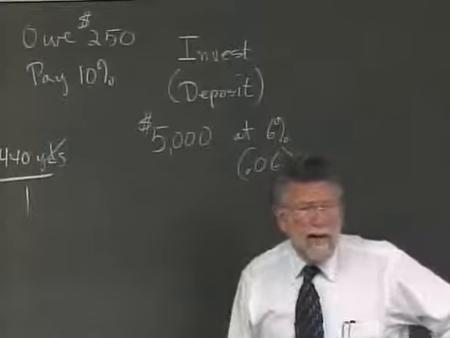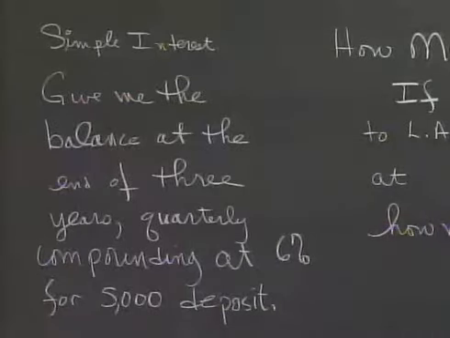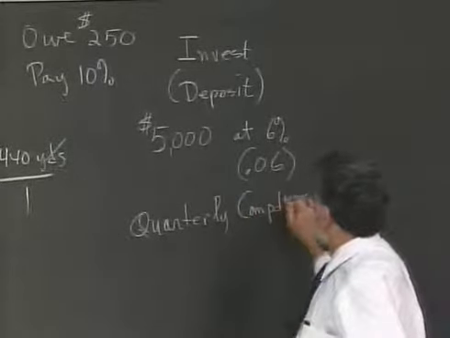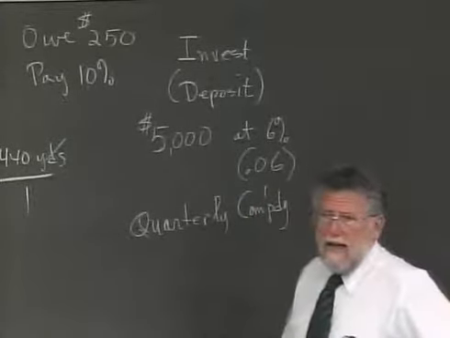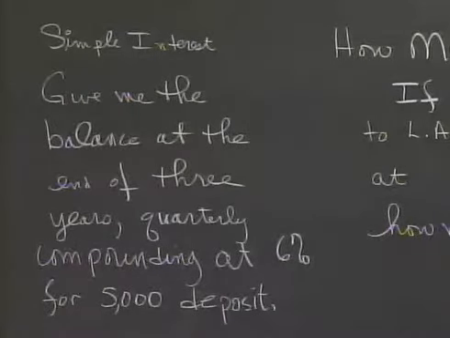And what kind of compounding do I have, as we go back to the front board? Quarterly compounding. That means 4 times each year. I'm going to abbreviate that. And then, how many years? We said 3 years.